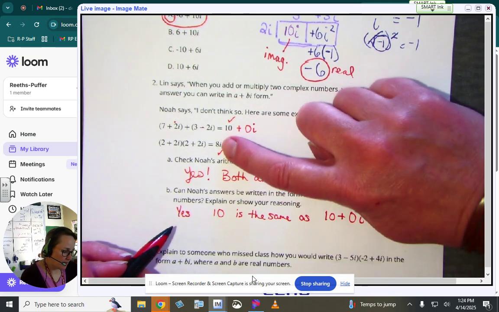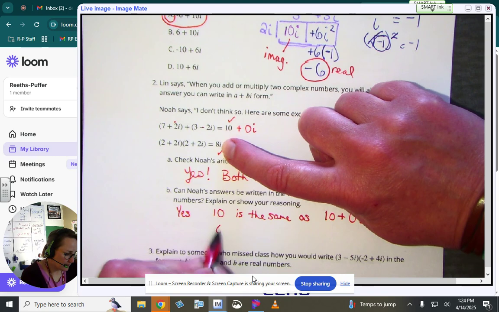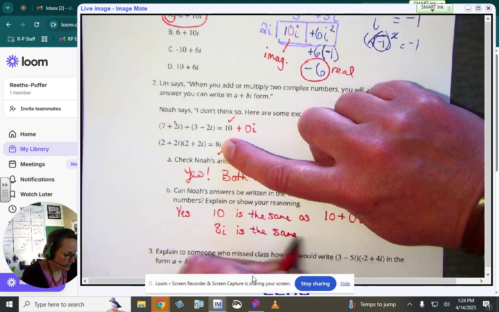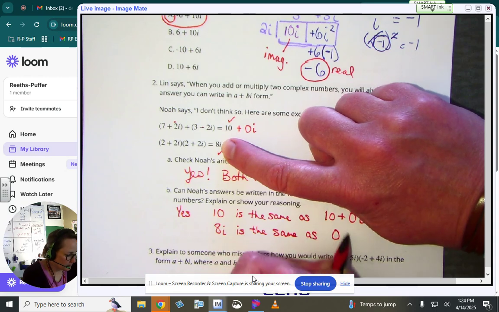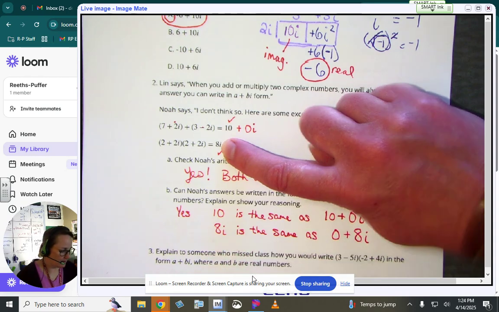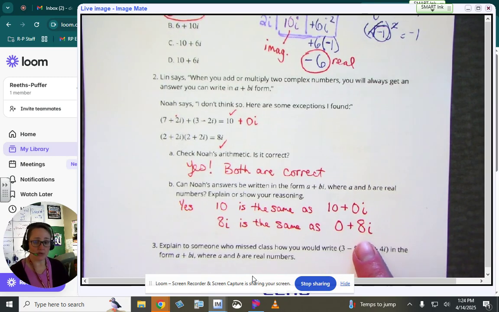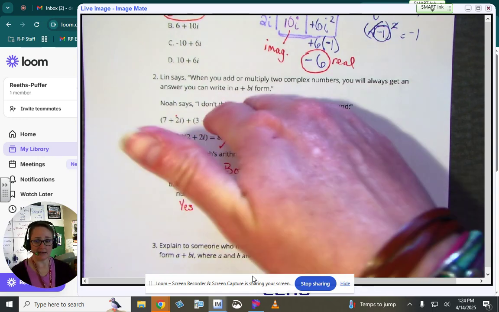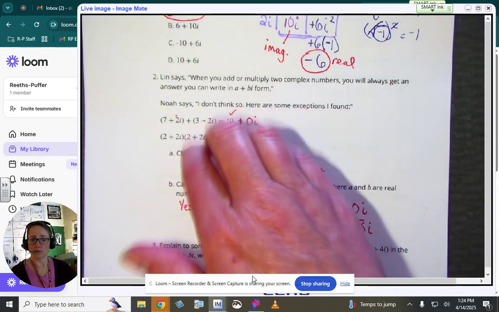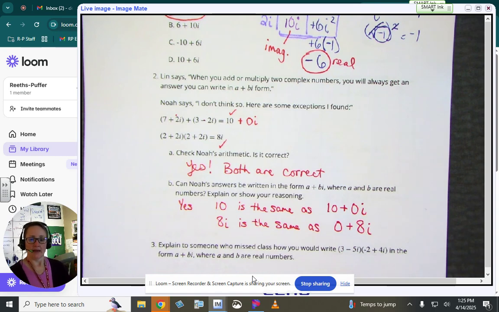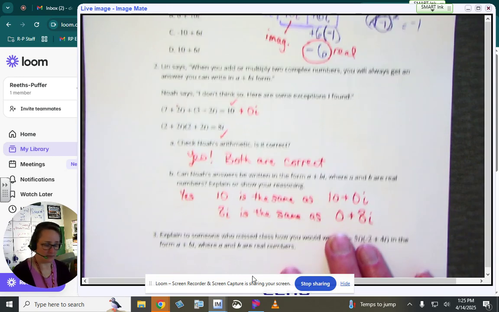And then our 8i, well, 8i is the same as 0 plus 8i. I don't have a real part. It's only imaginary. So yes, I can write anything that is being added complex or multiplied complex as a complex answer. I just have 0 as a placeholder. That's all.